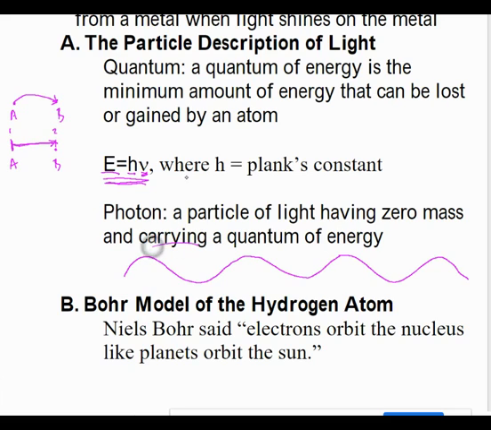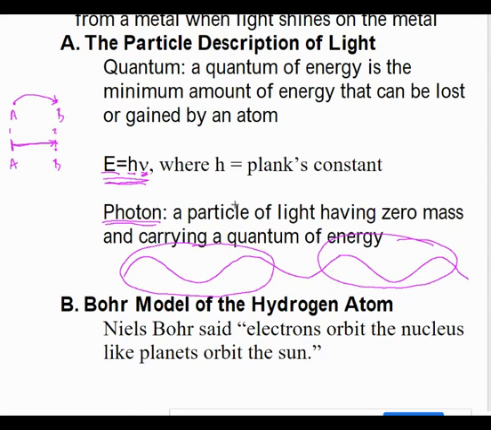So it's like a little packet. So this much energy will be delivered at a time. And then this much energy would be delivered. So they have these distinct packets or amounts of energy. And that is called a photon. So light, visible light, for example, is delivered in these little packets of quantum called photons.